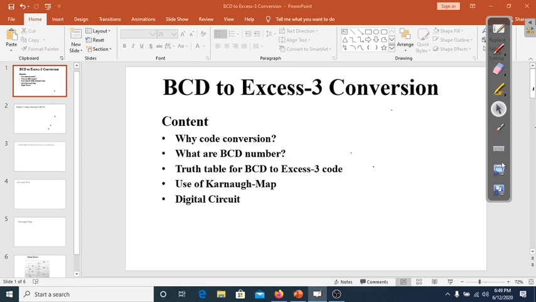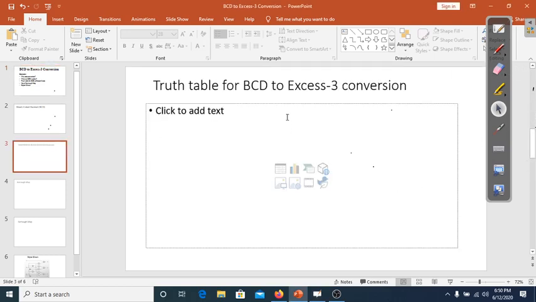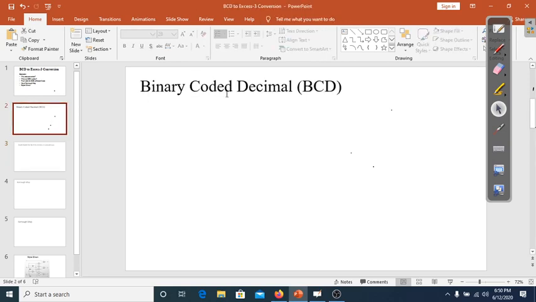After this, let us talk about the BCD number. Binary coded decimal numbers are the binary numbers corresponding to decimal numbers. You already know about decimal numbers, and decimal numbers are from 0 to 9. Those are 0, 1, 2, up to 9.